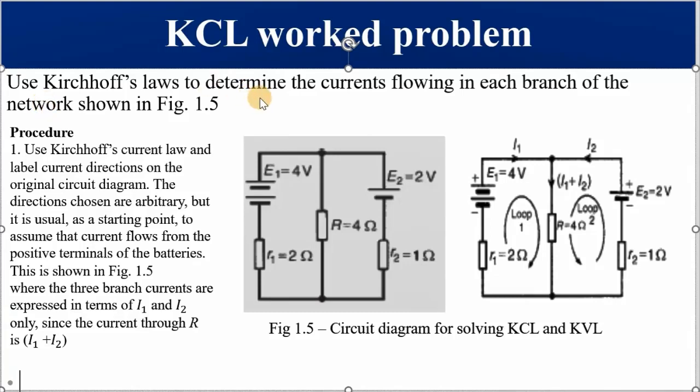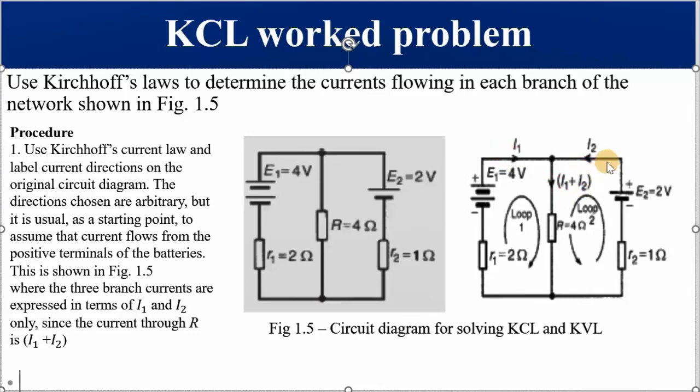This is Kirchhoff's current law, and it's a procedure I described for you to follow. Use Kirchhoff's current law because the question does not state, and label current directions on the original circuit diagram. So it's labeled I1, I2, then I3 is the sum of I1 plus I2.